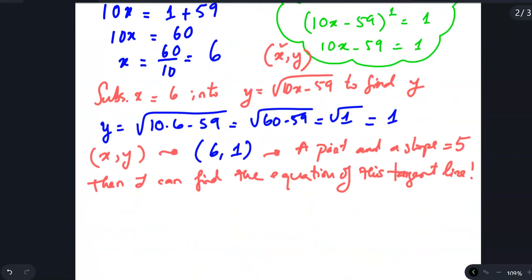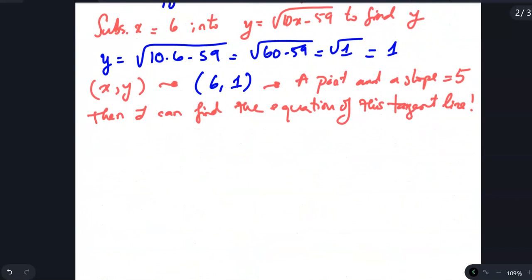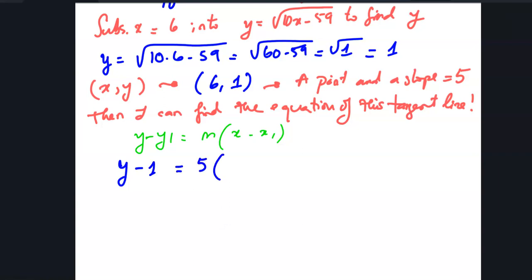Okay, so it will be y minus y1 equal to the slope times x minus x1. So y minus 1 equal to 5 times x minus x1, which is 6. All right, so I will multiply this inside the bracket here.